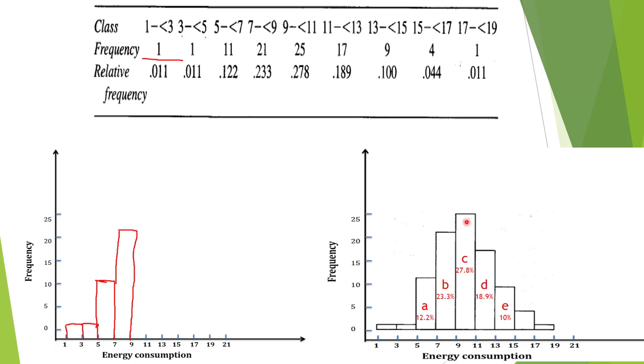So for example, the area of this bar C represents the percentage of homes I have with energy consumption between 9 and 11. Okay? Again, I will repeat. It's fair for me to say the size or the area of the bar represents the percentage of homes I have within this particular interval.